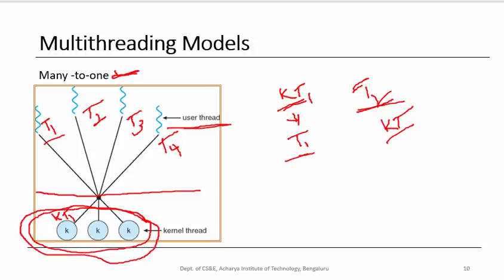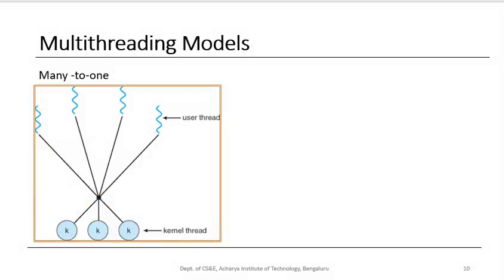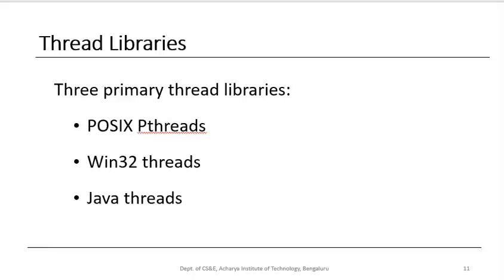Creation and deletion of user threads is supported by several thread libraries. I'll just show you what are the popular thread libraries which are available. POSIX pthreads: at the end of this session, I'm going to demonstrate one of the programs which I have created in C using the pthread library.